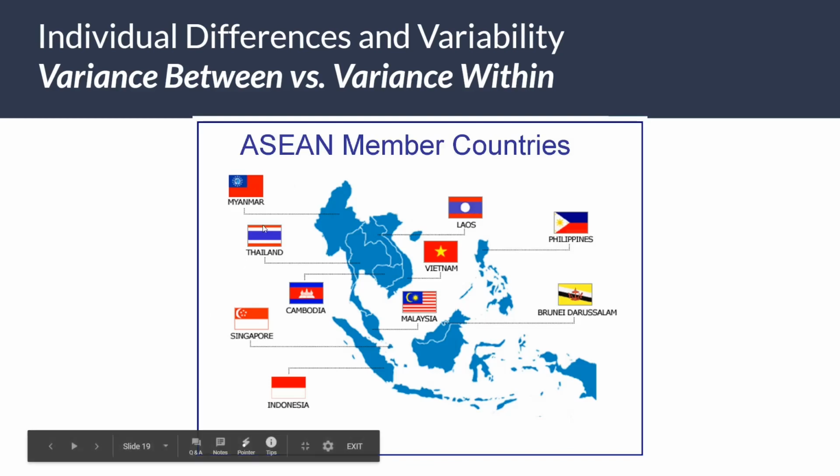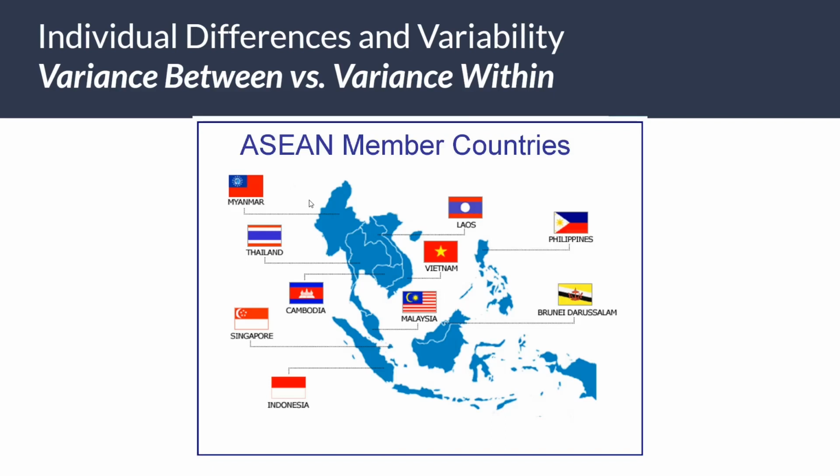When we compare one country versus another country in the ASEAN region, then that's variance between, because we're comparing groups with each other. However, in the Philippines, although we are considered as one group, are we different? Are we different compared to each other, compared to other Filipinos? Yes, and that's variance within.